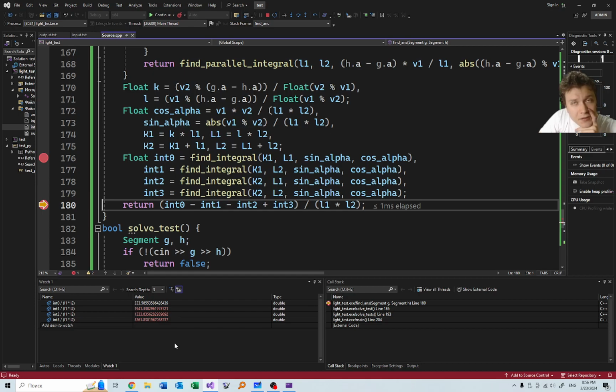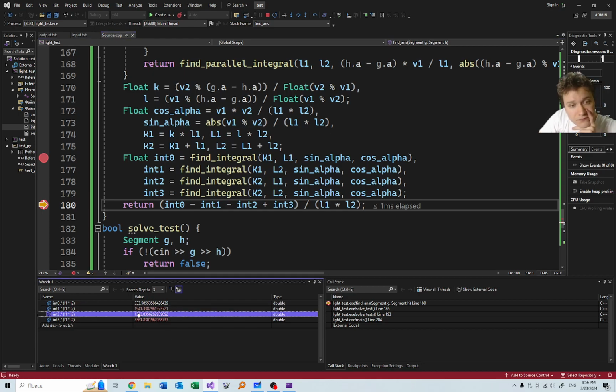I think that these two integrals should be almost the same. What is the difference between int1 and int2? It is negligible. Here we have 1000 and 2000, and here we have 2000 and 1000.